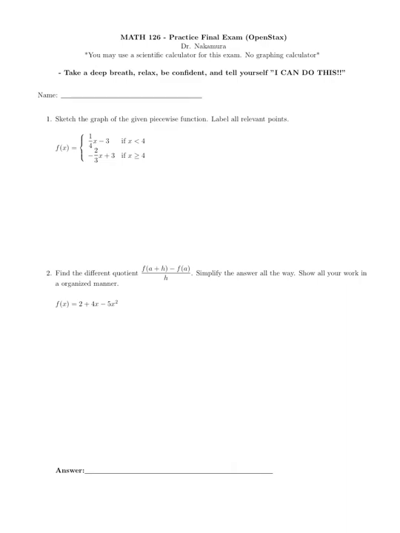So number 1, sketch the graph of the given piecewise function. Label all relevant points. So it looks like we're given two linear functions. Let me just jot down what's going on here.